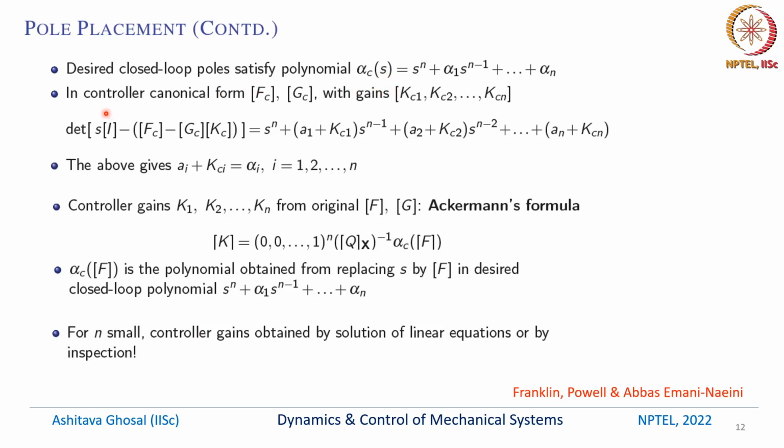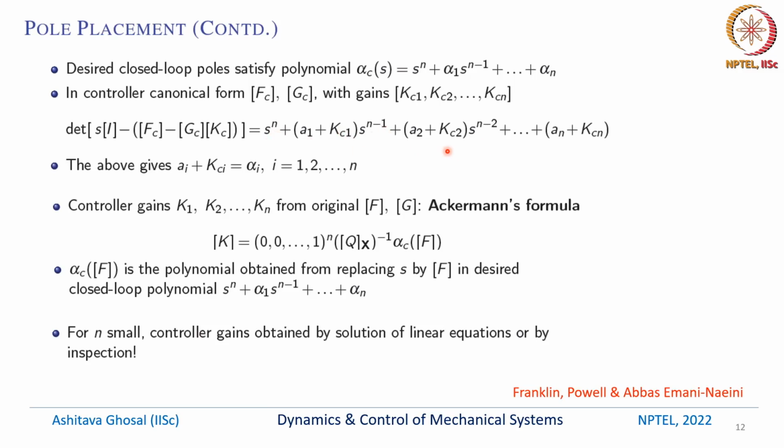In controller canonical form, using Fc and Gc with gains Kc1, Kc2 all the way till Kcn, the determinant of sI minus Fc plus Gc Kc can be written as s to the power n plus (a1 plus Kc1) s to the power n minus 1, and so on. This we have seen earlier.